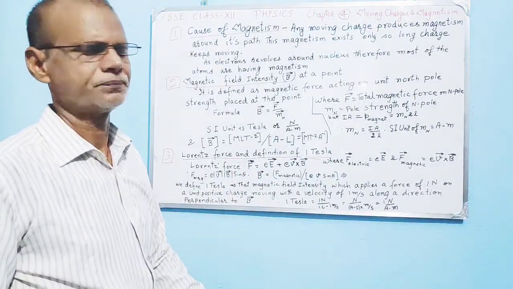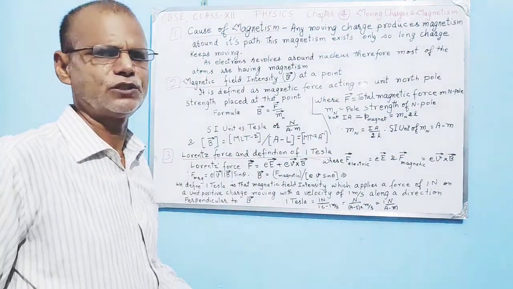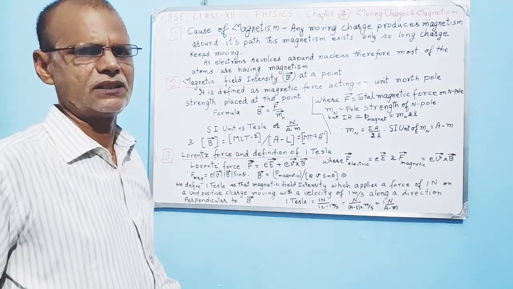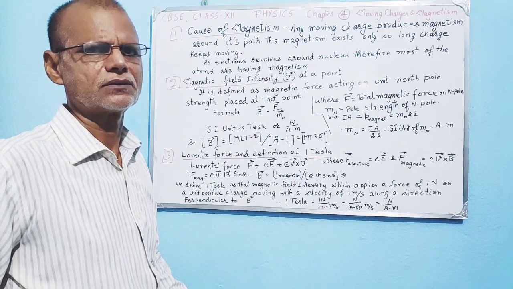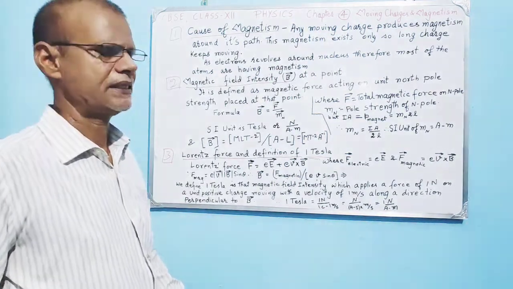But one thing we have to remember is that in practice we don't have an isolated north pole. This is theoretically defined, that force per unit north pole is magnetic field intensity.